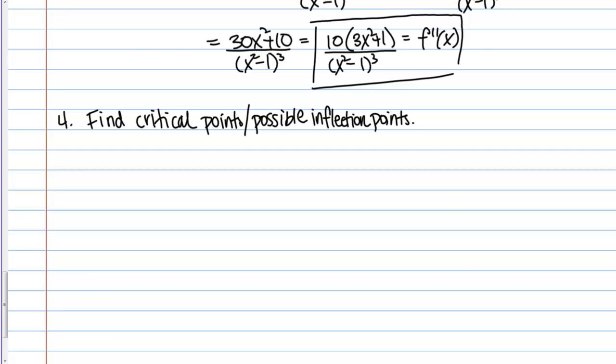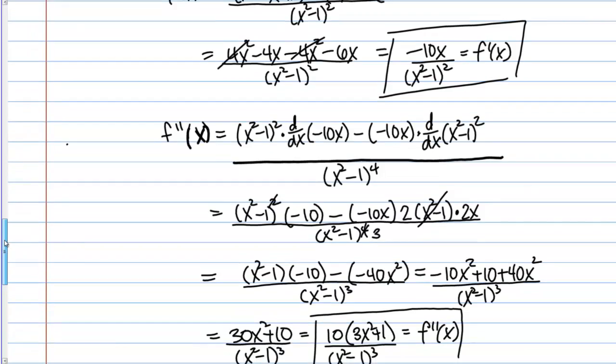Okay, so let's start with the first derivative. The first derivative we found to be, if I scroll up here, negative 10x over the quantity (x squared minus 1) squared. All right, so how do we find the critical points? First, let's think about the points where f prime of x does not exist.